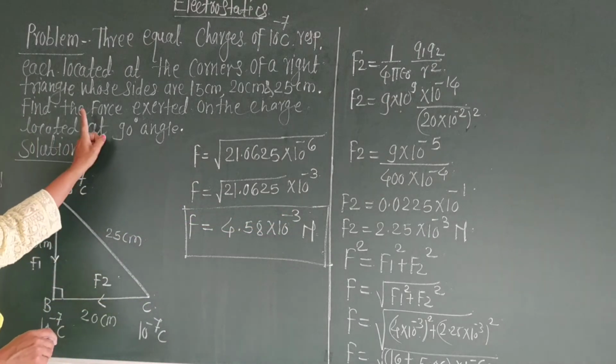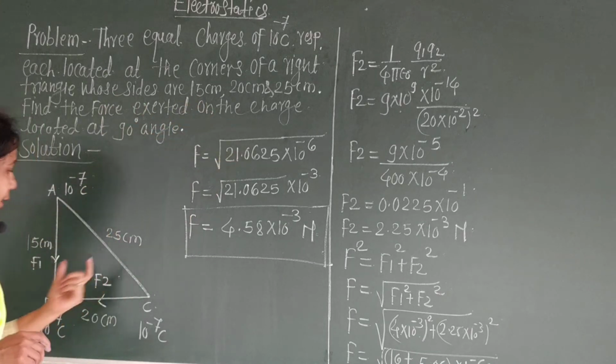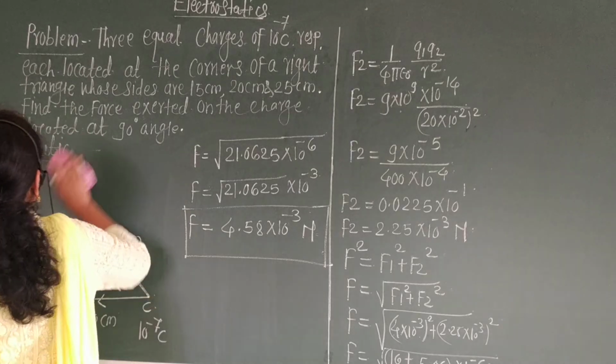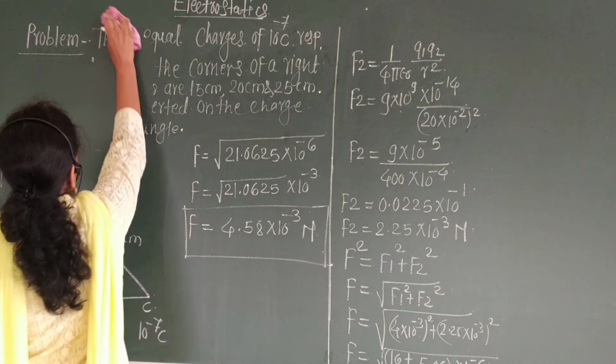This is the total force exerted on the charge which is at the B. Okay, and which is at the 90-degree angle. Okay, now next problem. It is simple one.